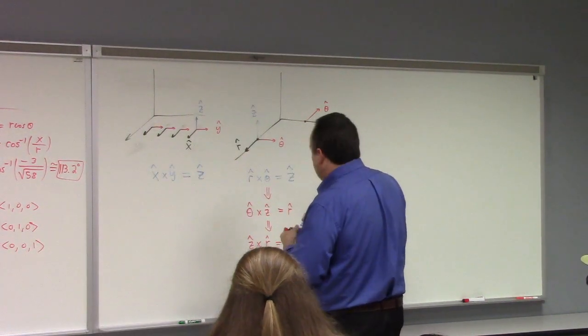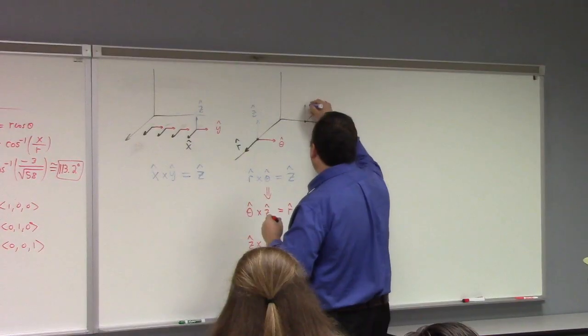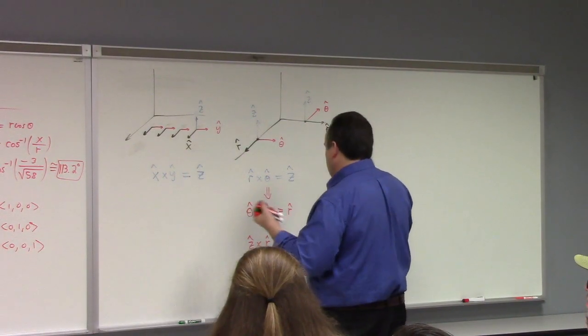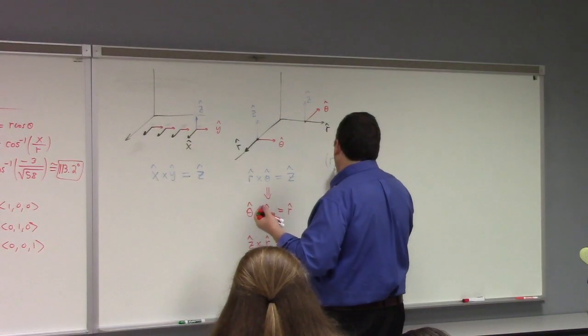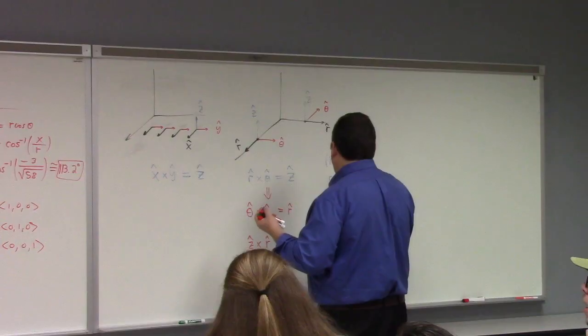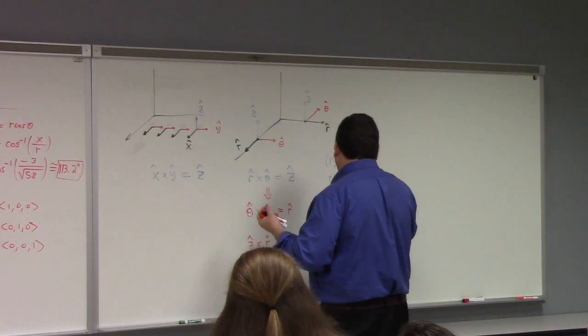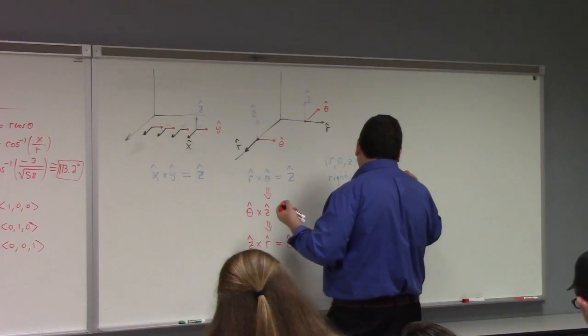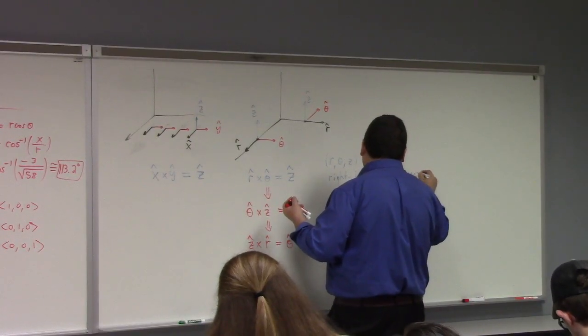It happens everywhere, and that's part of why we say r, theta, z is a right-handed ortholinear coordinate system.